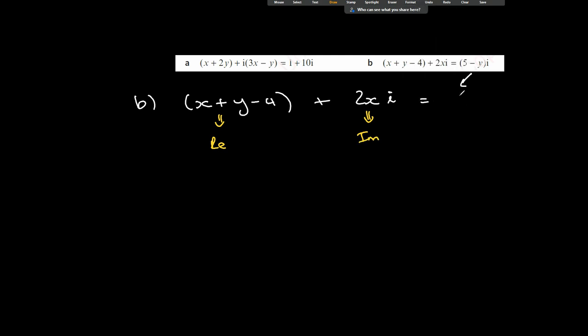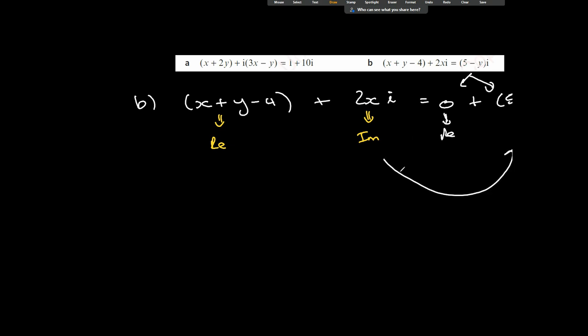In order to do that, we'll end up with 0 plus (5 minus y) i, because there is no real part in this particular example. So from that, we've got our real and our imaginary, just like the other side.